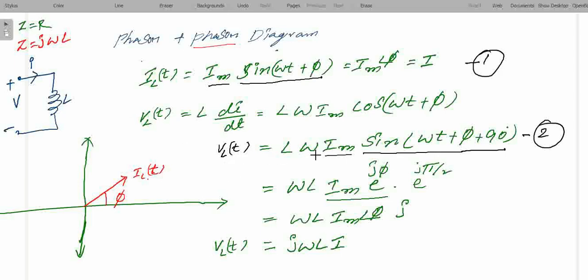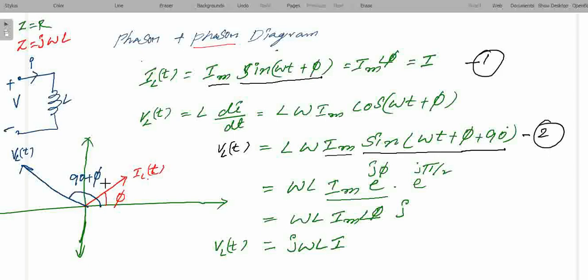The magnitude is increased by omega into L, and it has 90 degrees more. So this is your VL of t. How much angle is it making? This angle is equal to 90 plus phi. So this is the phasor diagram for a purely inductive network.